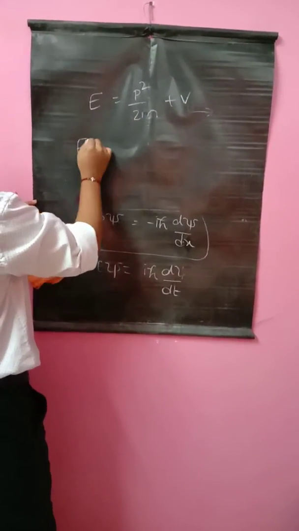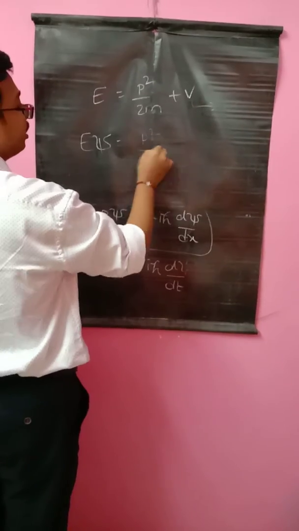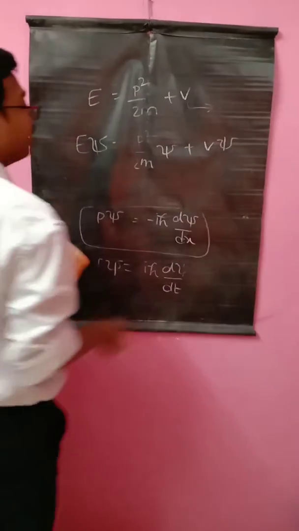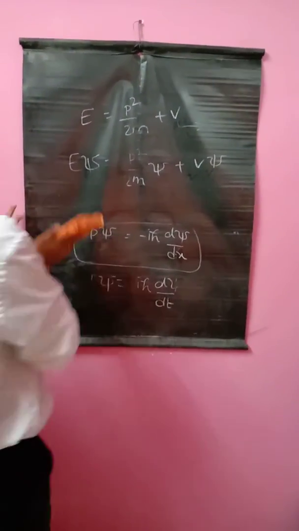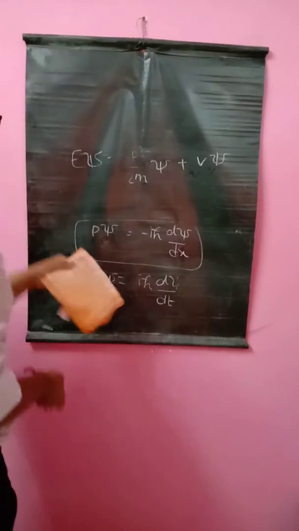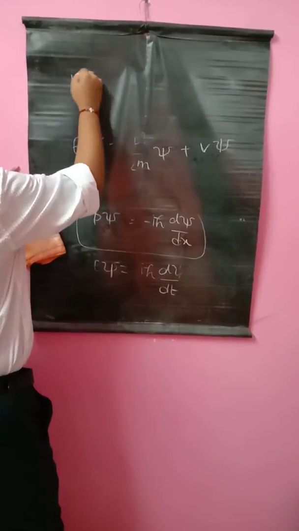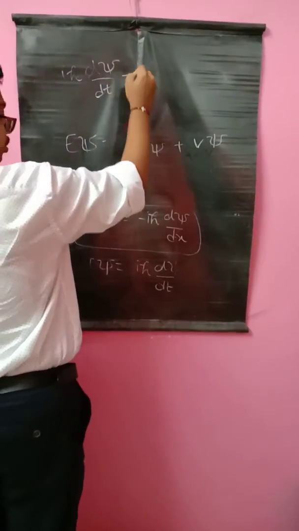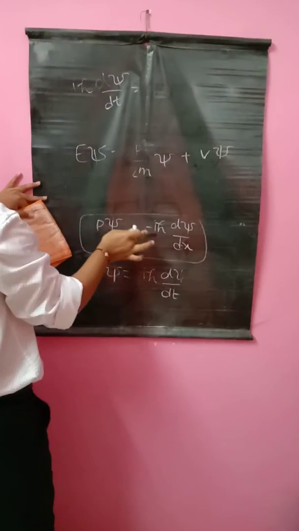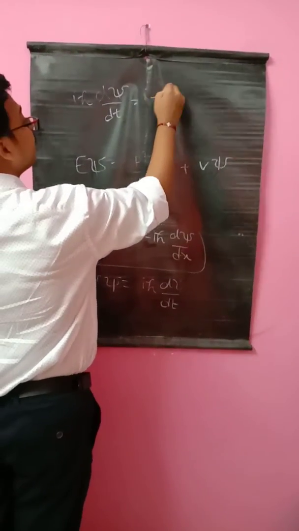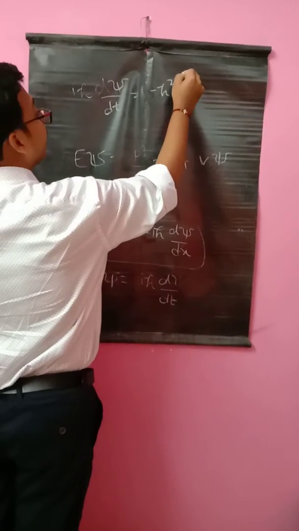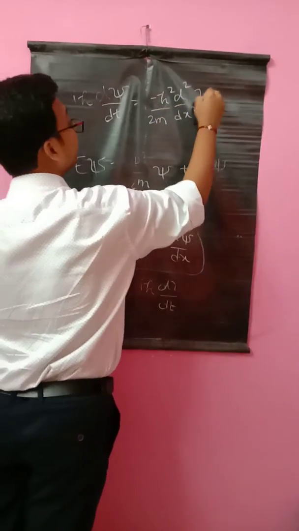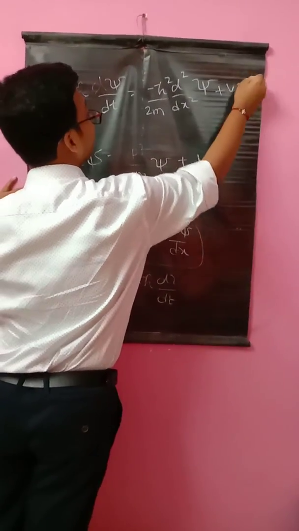Now multiplying with the operator, E psi is equal to p square by 2m into psi plus V psi. Replacing p and E here, E psi is equal to i h bar d psi by dt, and i square means minus 1, so we get the operator minus h bar square d square by dx square by 2m into psi plus V psi.